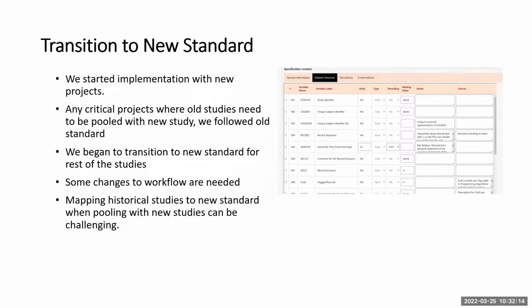I mean, there are general issues anyways, but in this case, you also have to align with the naming convention. Some variables may not even exist in the new standard. So those are the things that I found are important to bring up here for people who are considering transition to the new standard.